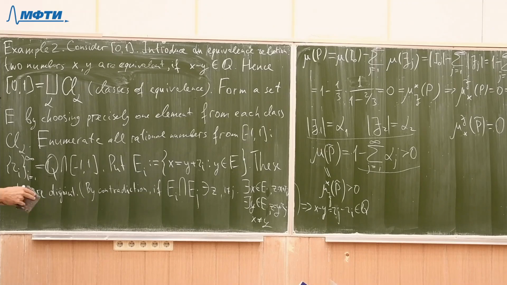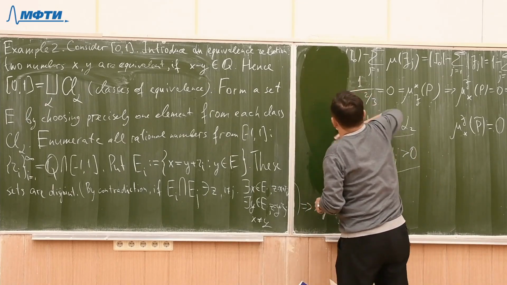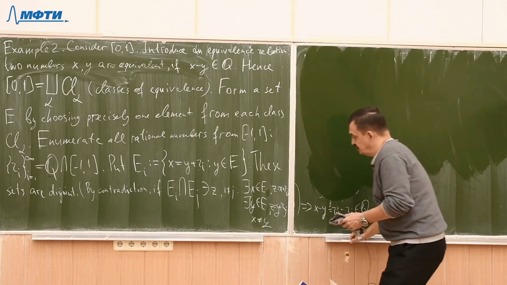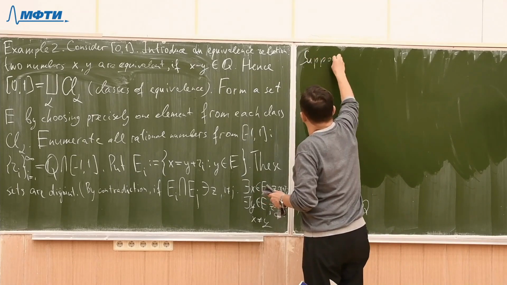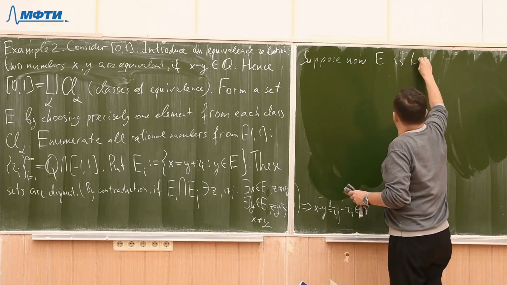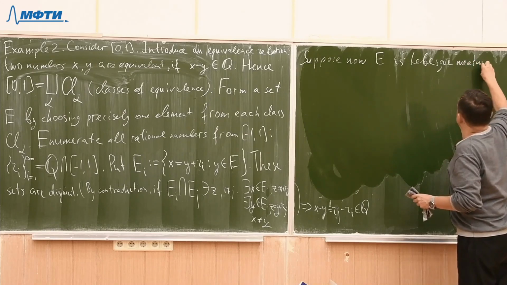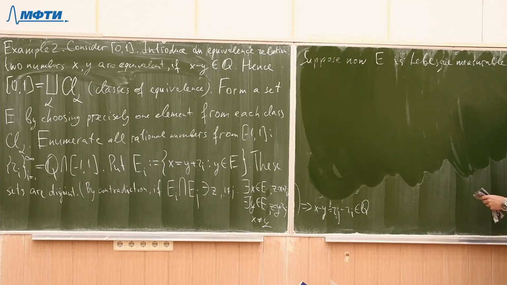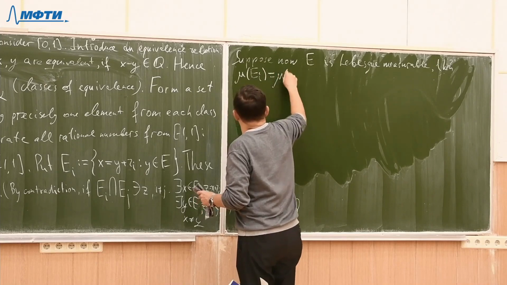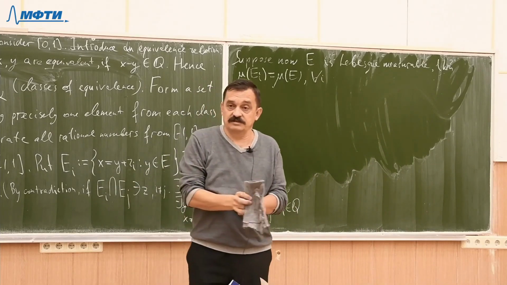And then a very simple consequence. Suppose now E is Lebesgue measurable. Then the measure of each of the E_i's equals the measure of E for all i, because, as I said, Lebesgue measure is shift invariant.